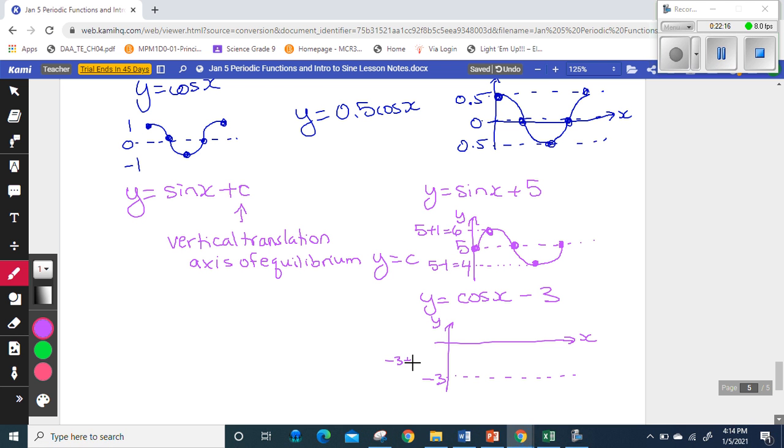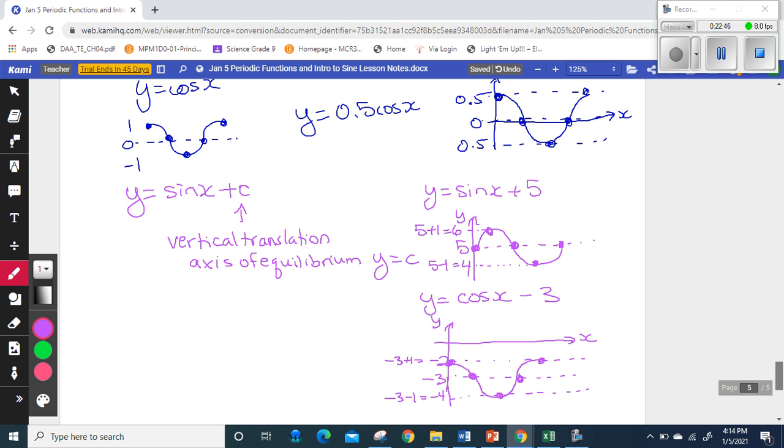So -3 plus 1 is -2, so there's my maximum. -3 minus 1 gives me -4, so there's my minimum. And then cosine, so there, there, there, there, there, and curvy. So we did those transformations.